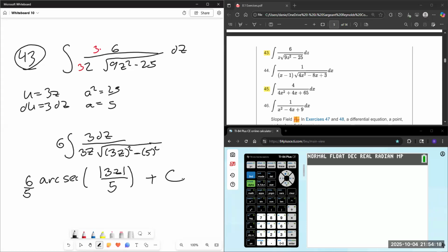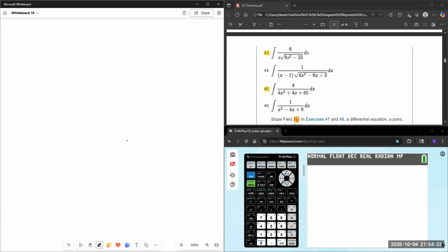Moving on to number 45. 45 says the integral of 4 dx over 4x squared plus 4x plus 65.